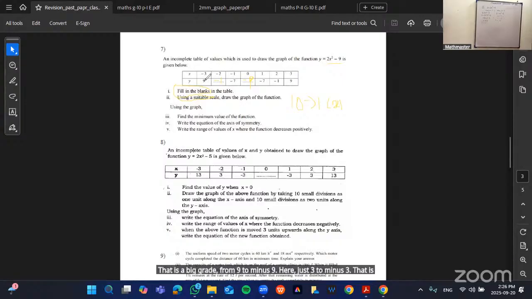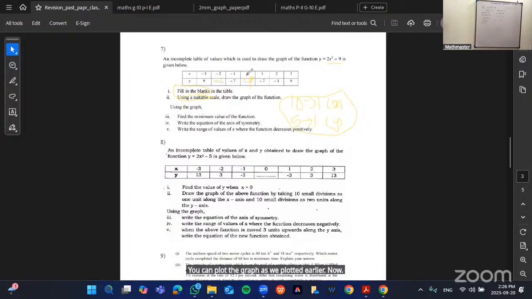So it's better to take 5 small divisions as 1 unit for the y-axis, because the range of y is greater. Summary: take 10 small divisions as 1 unit for x and 5 small divisions as 1 unit for y. Using this scale, you can plot the graph as we plotted earlier.